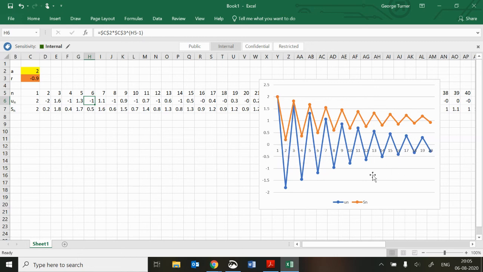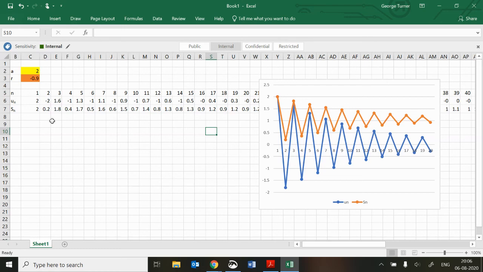But you can see these converge, but they kind of oscillate to whatever they're converging to. Remember, the blue line, the UN, the geometric sequence, is converging to 0, whereas the sum is converging to the sum to infinity there. Okay, well, I think I'll leave it there for the time being.